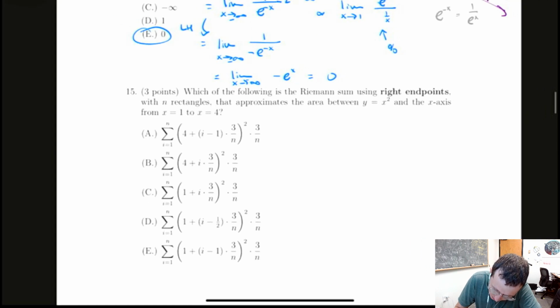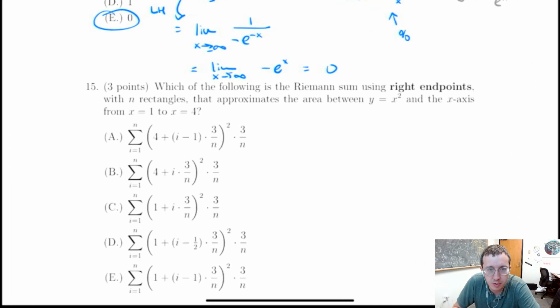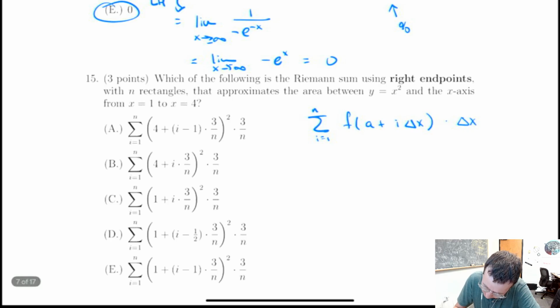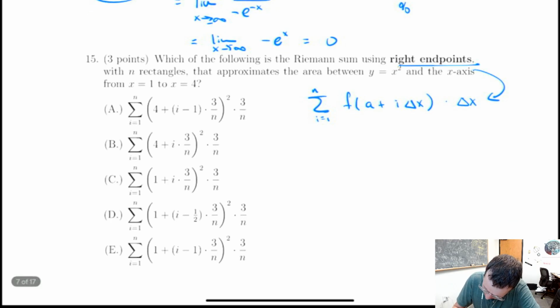The general formula for a Riemann sum is the sum from i equals 1 to n of f of a plus i times delta x, times delta x. This is using right endpoints. And delta x is b minus a divided by n. In this case, that's 4 minus 1 divided by n, or 3 over n.